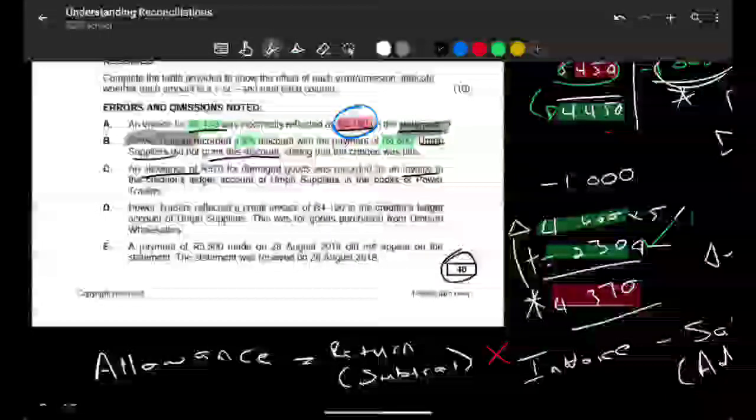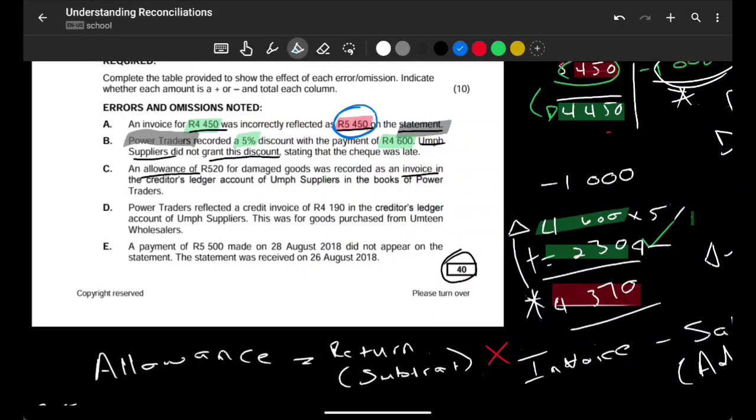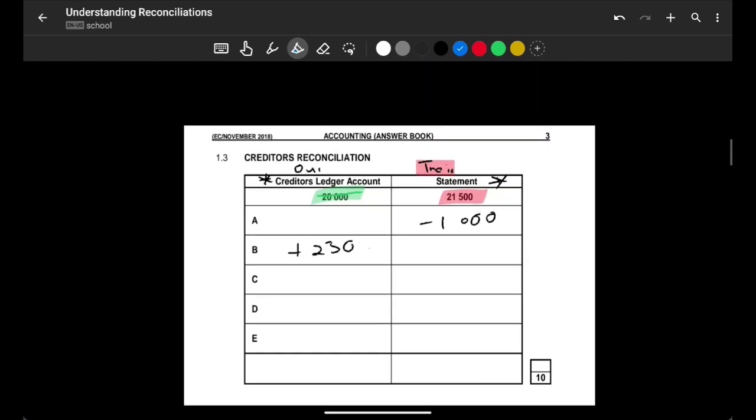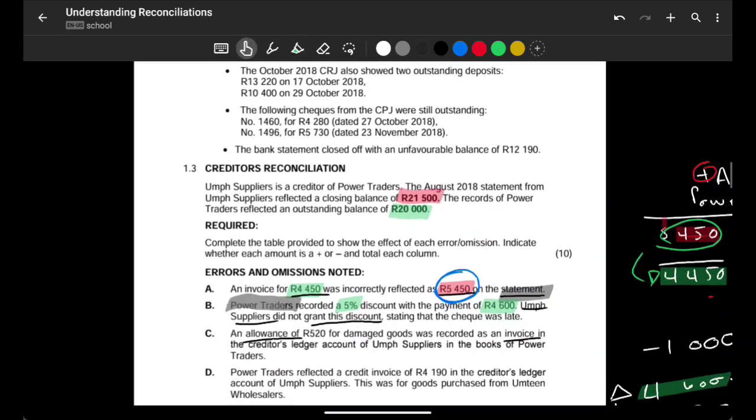Invoice in the creditors ledger of suppliers in the books of Power Traders. Okay, so the mistake was on our side, right? How do I know that? We're going to highlight it in black. An allowance of 520, let me skip that part, in the creditors ledger account of suppliers. Remember, in our books, what do we call it? We call it the creditors ledger account, right?